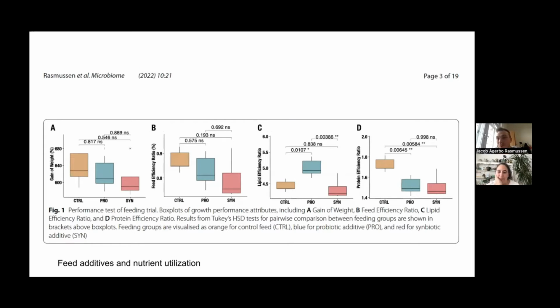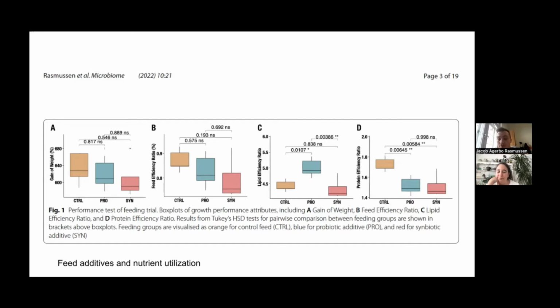I'll just go to one of the first things, because in classic feed performance analysis you would look at how a fish performs according to gain of weight. So how much does it grow during this feed trial?